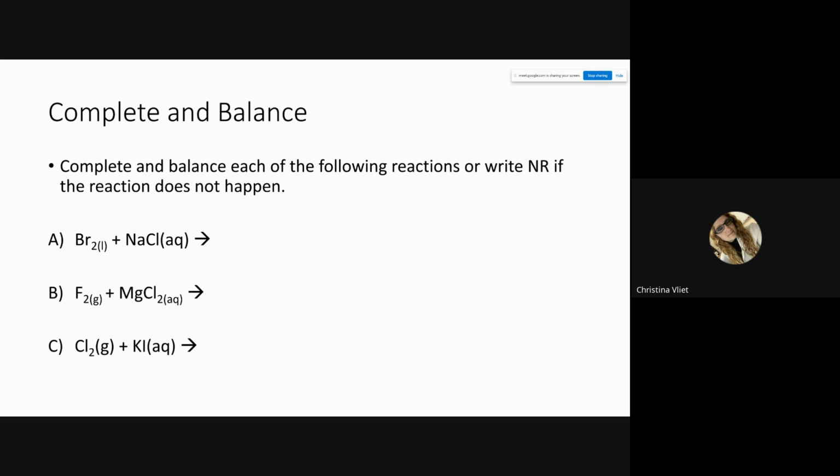So let's take a look at A. I'm going to give you some time to write down one at a time. The instruction is always the same, complete and balance, but you do have the option of no reaction if the reaction doesn't happen. What we're looking at here is A plus BC, but because A is a non-metal, A would be looking to replace what?